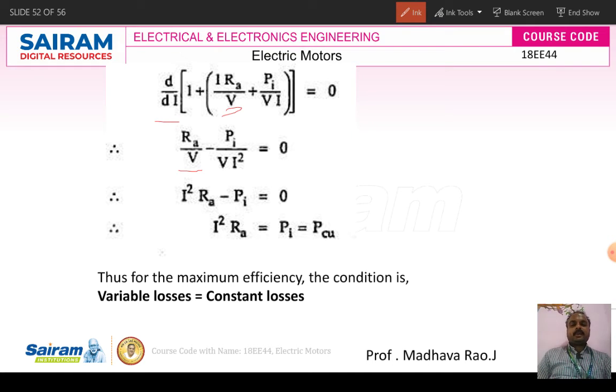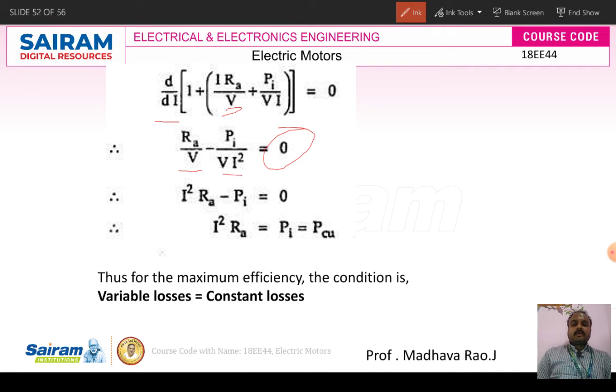Here Pi by VI differentiated gives minus Pi by V into 1 by I square, taking Pi by V common, since 1 by I differentiates to minus 1 by I square. The differentiation of efficiency condition is set equal to 0.